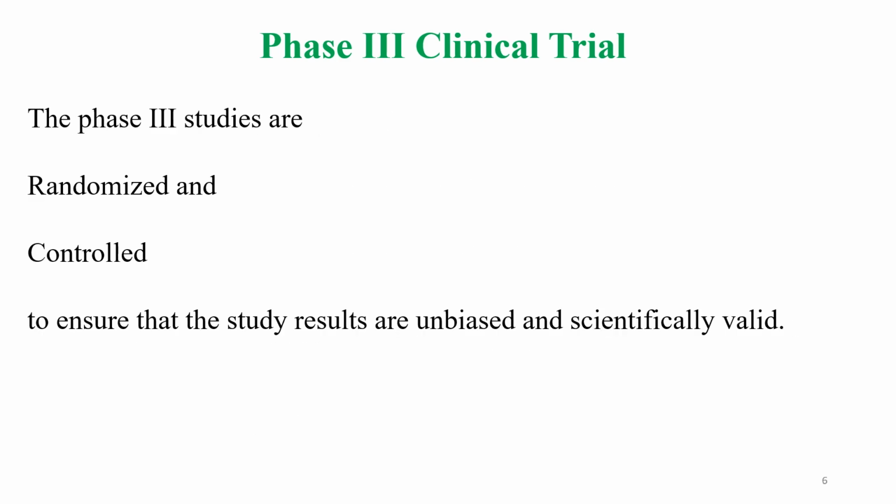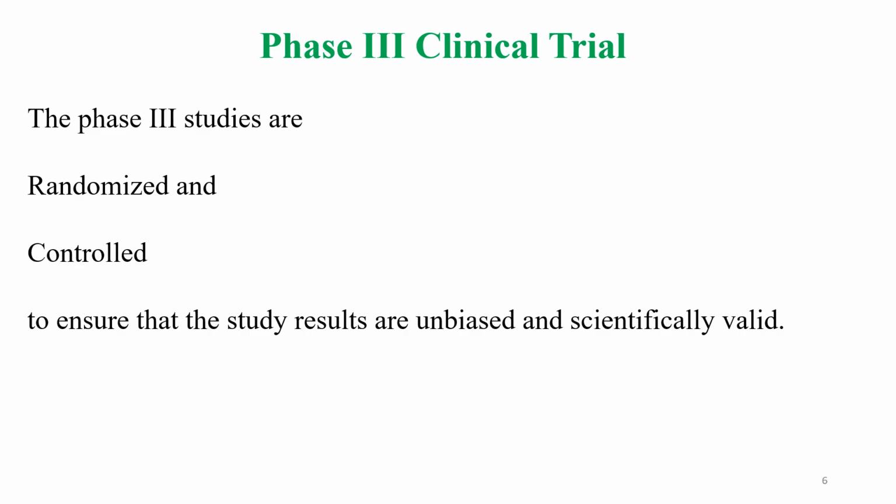In the phase 3 clinical trials, the randomization is done, and these are controlled trials. Always remember that phase 3 studies are randomized and controlled to ensure that the study results are unbiased and scientifically valid.